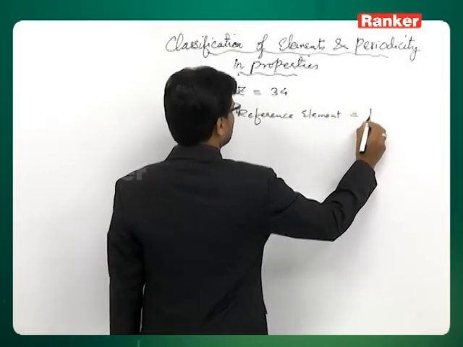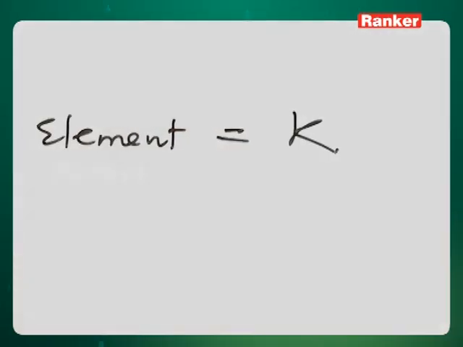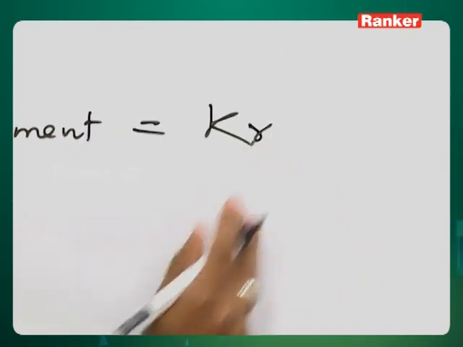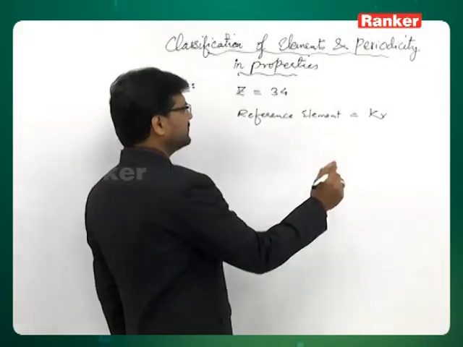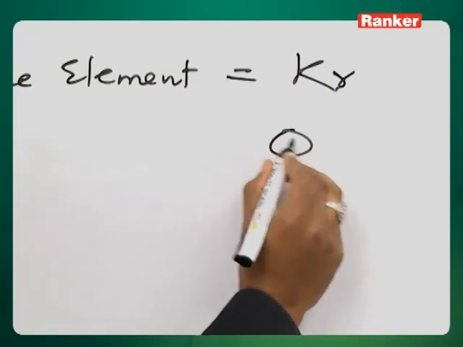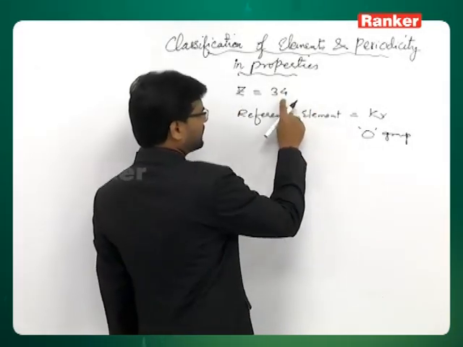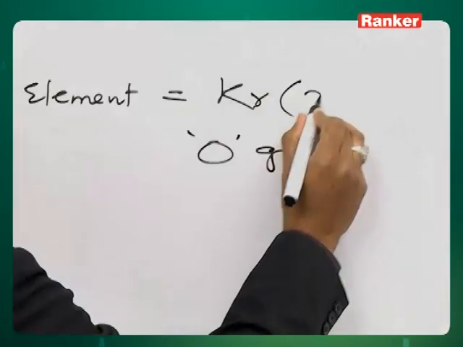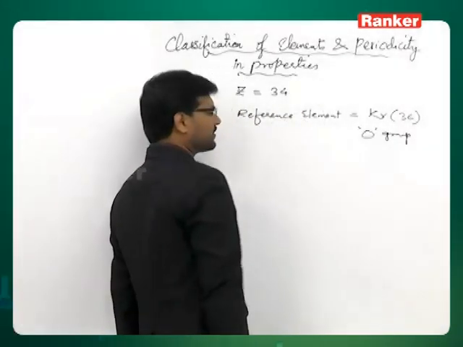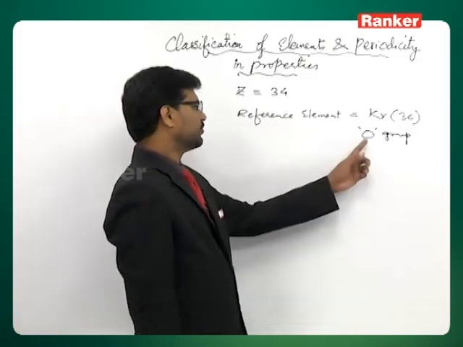The reference element is krypton. Krypton is a member of 0 group. Its atomic number is 36, right. So, krypton is a member of 0 group.